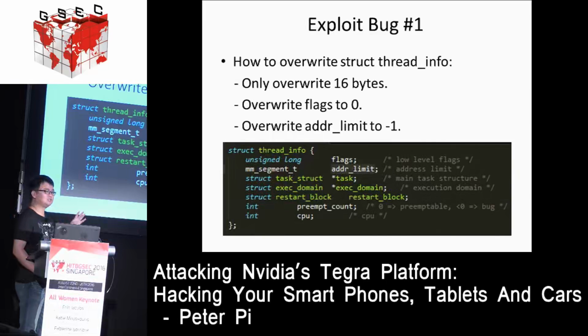Each time 4 bytes, and the 4 bytes should be 0 or other specified number. So we can overwrite the flex field to 0 and overwrite the adjust limit to -1. We can achieve this by our bug.